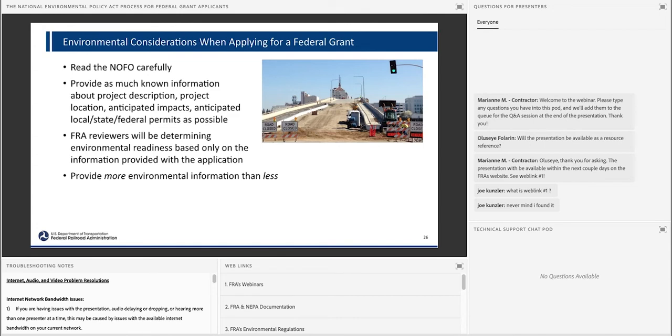Similar to what I mentioned about information to put in your application or draft CE, please provide as much information as you know about your project, its description, location, and even if there's not an address, list mileposts or longitude or latitude, as well as any anticipated impacts or permits. This information is outlined, including where to find it, in the online CE or categorical exclusion companion guide. We only have what you give us in your application to determine the environmental readiness of your project, so please add more information than less.